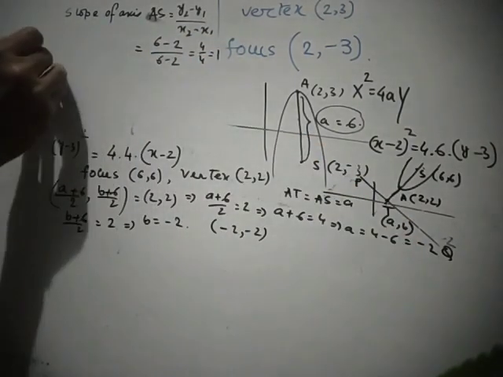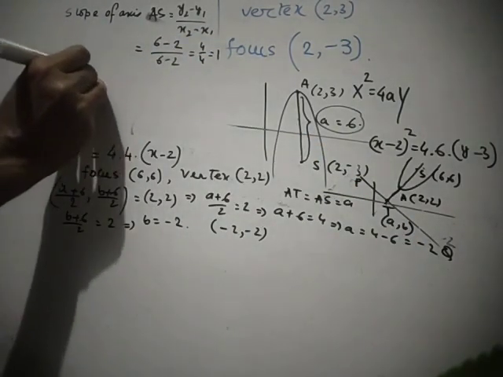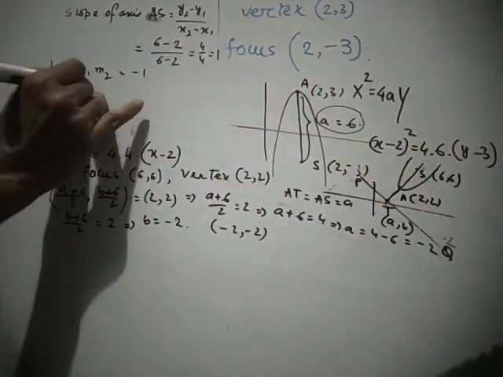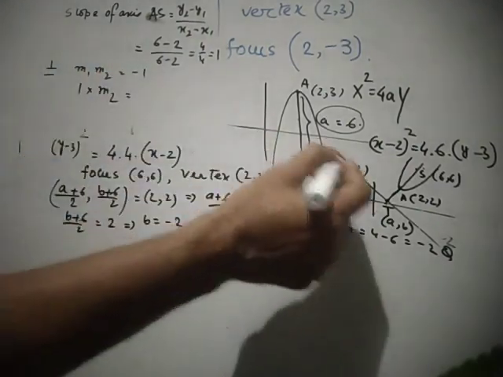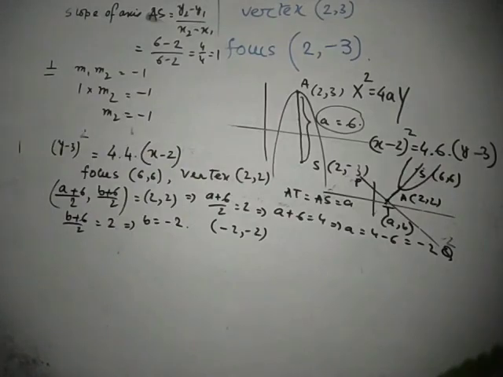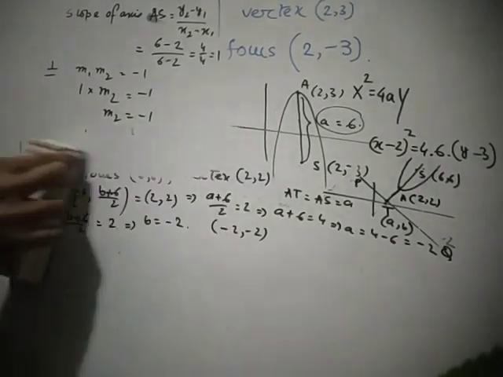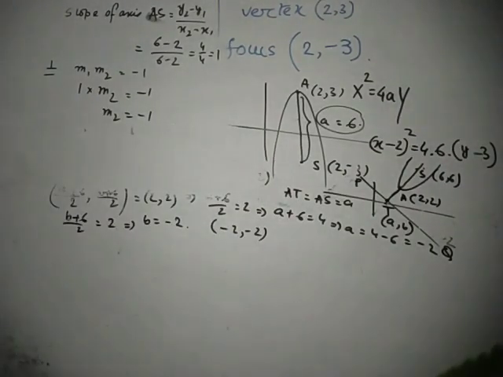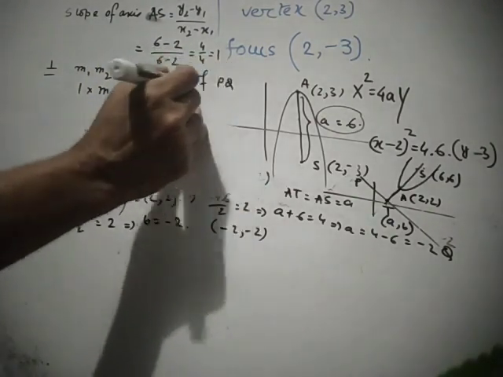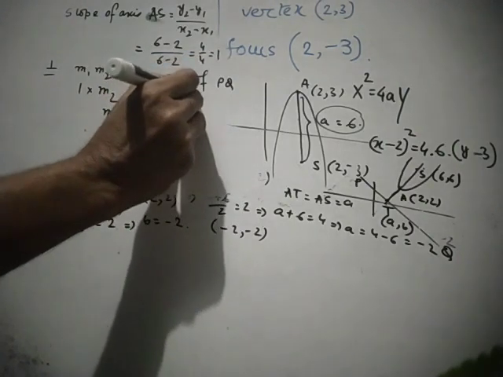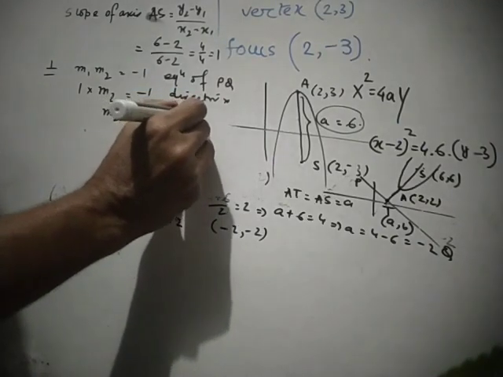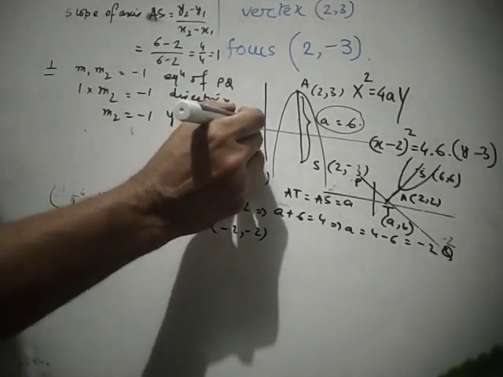Now the perpendicular rule we know, m1 into m2 equals minus 1. The slope of this line AS is 1, so for the slope of the perpendicular line PQ, we get m2 equals minus 1. Now we will get the equation of the directrix PQ by the straight line formula, y minus y1 equals m into x minus x1.